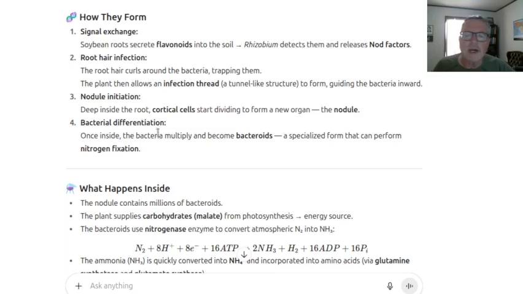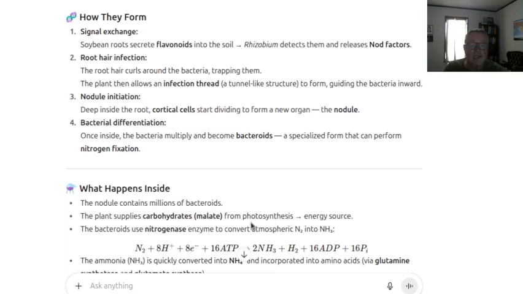Once inside, the bacteria multiply and become bacterioids, a specialized form that can perform nitrogen fixation. That's what we want to talk about. This is the nitrogenase process we're trying to understand. The nodule contains millions of bacterioids. The plant supplies carbohydrates from photosynthesis.